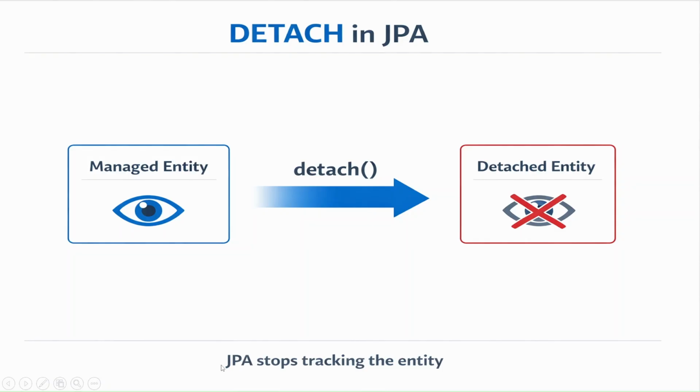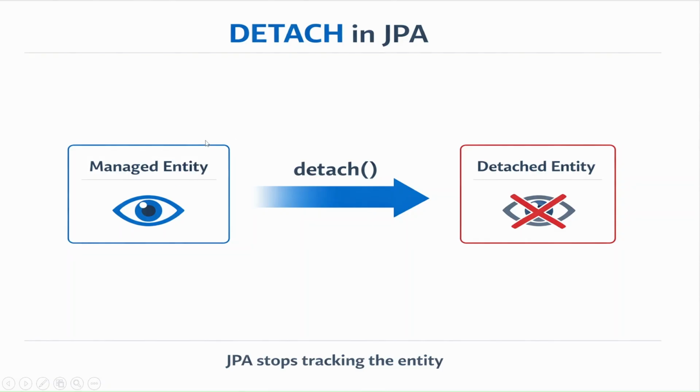So over here, if you can see, the definition says when our entity is detached, JPA stops tracking the entity, right? So this is the definition. And when the entity is not detached, then we call it a managed entity.